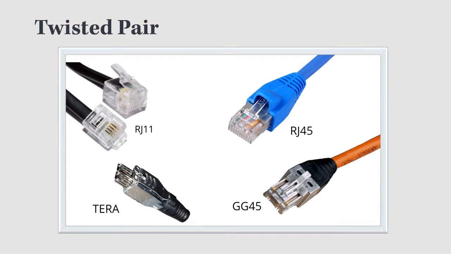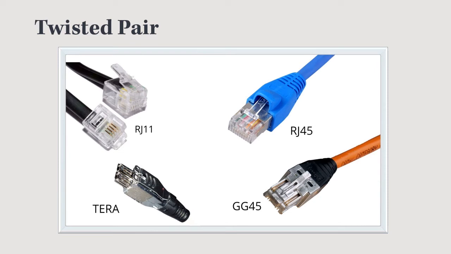Beyond that, we see something called a Tera cable or a GG45. We're going to see these more in the Cat 6A or Cat 7 networking. The reason is part of the crosstalk issue that we have when we start getting over those gigabit speeds is actually how close the wires are in the connector.